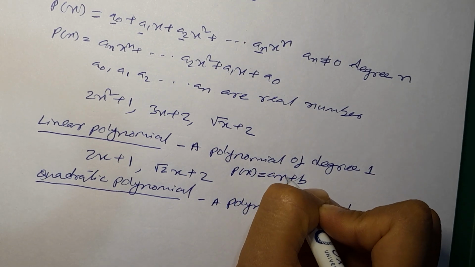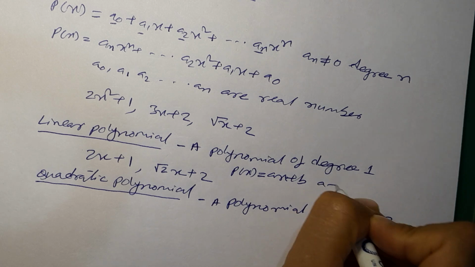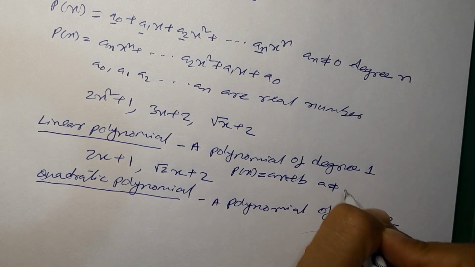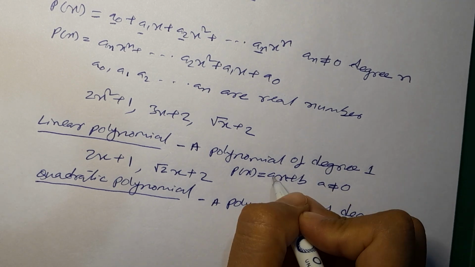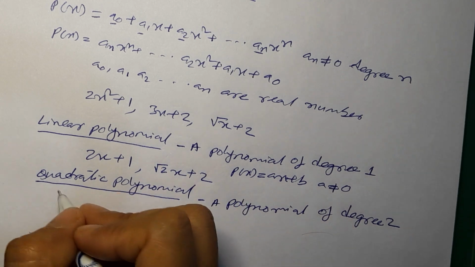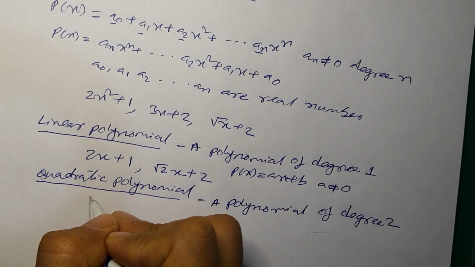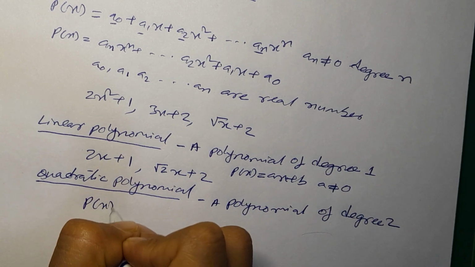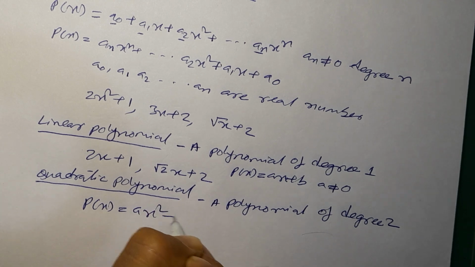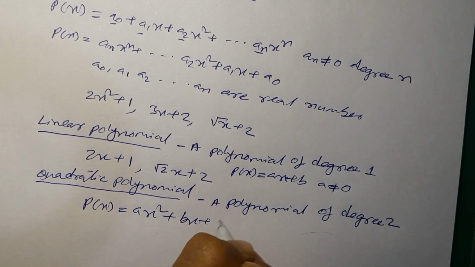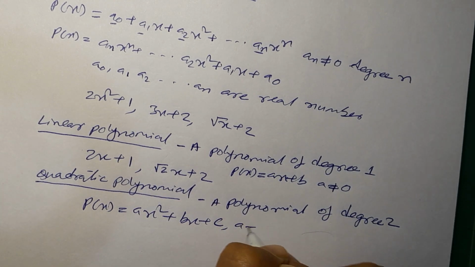Here a cannot be 0 because in front of x it cannot be 0. So this is a general form. For the quadratic polynomial, the general form will be p of x is equal to a x square plus b x plus c, comma a cannot be 0.